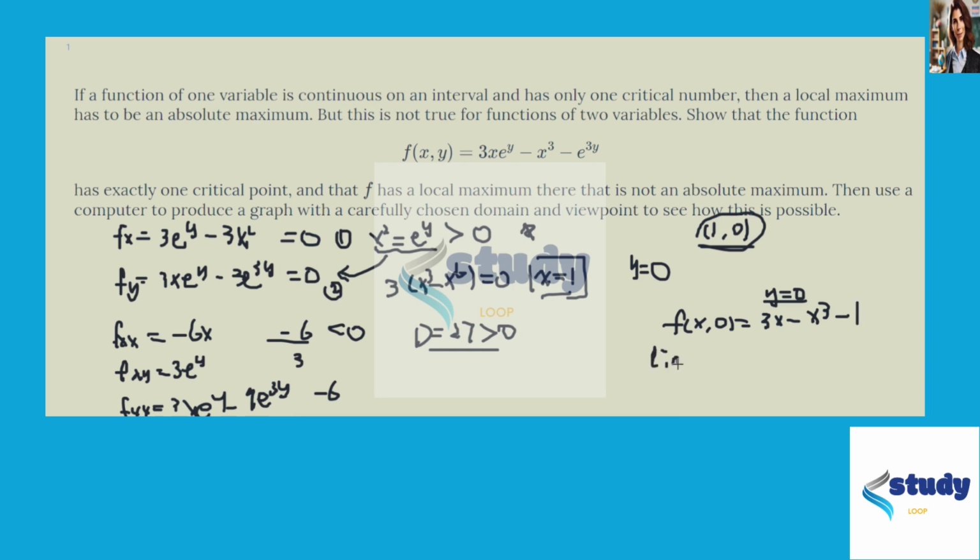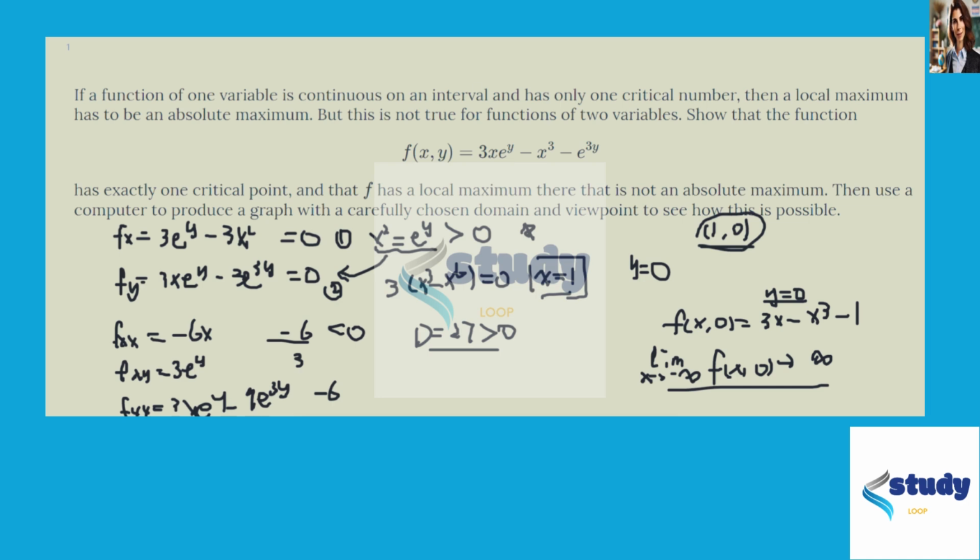So when x goes to negative infinity, f(x, 0) goes to positive infinity. So the function f has no absolute maximum value, since when x goes to negative infinity, f(x, 0) goes to infinity.